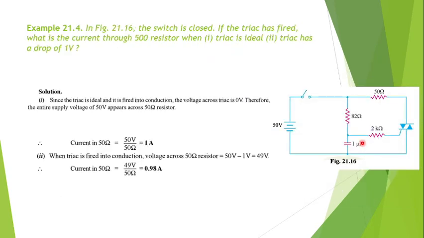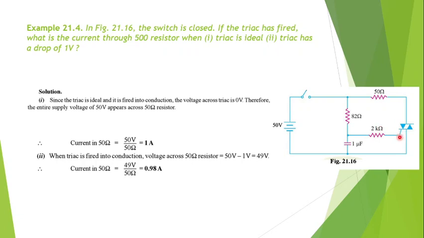One more numerical. This is the circuit where 50 ohm is our load, which is connected in series with the triac. The power supply is of 50 volts. This is the circuit which gives the appropriate gate current to the triac.